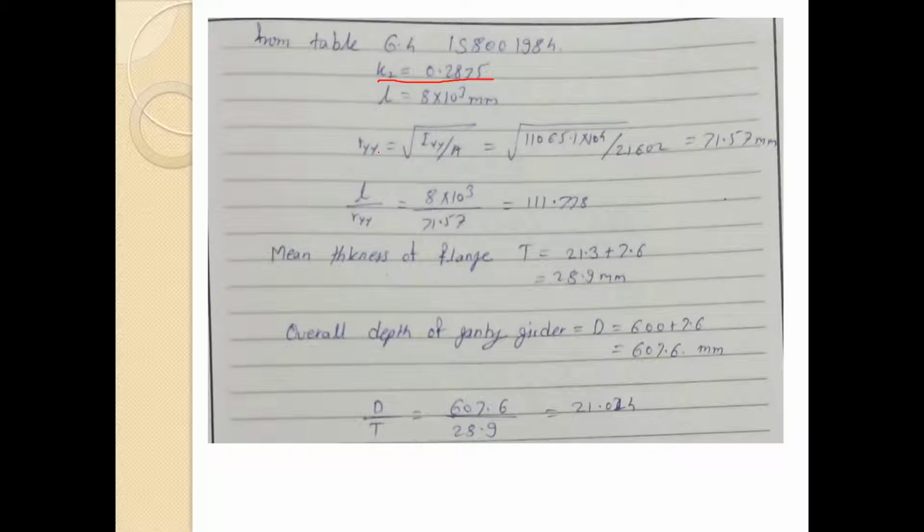So again RYY, that is IYY divided by A, that is radius of gyration. So IYY we are having 11,065.1 into 10 to the 4, divided by this 21602 area, that becomes 71.57, and this L by RYY, that is 8 into 10 to the 3 divided by 71.57, that becomes 111.778.